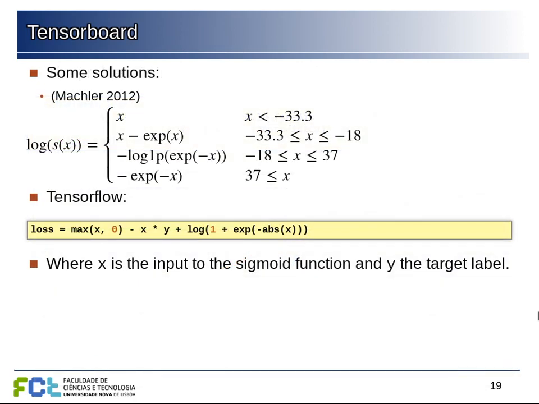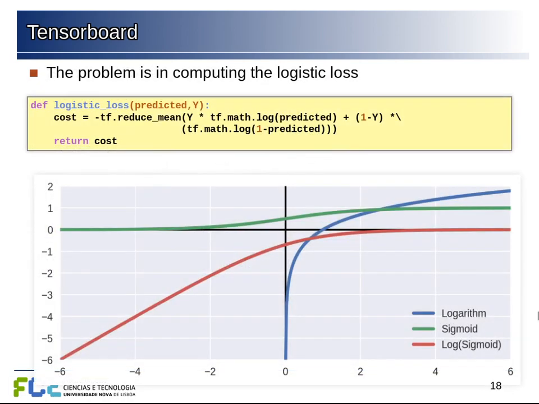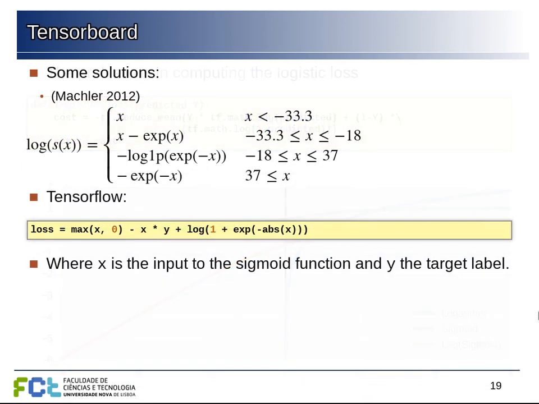For example, this solution in 2012 is to do this kind of approximation. If we are below 33.3 here, then we are in this linear part and we just output x. If we are within this and minus 18, this is a better approximation and so on. So this prevents that kind of overflow when we are dealing with the logarithm of the sigmoid function and so on.